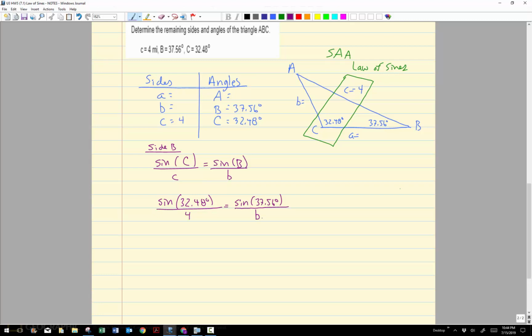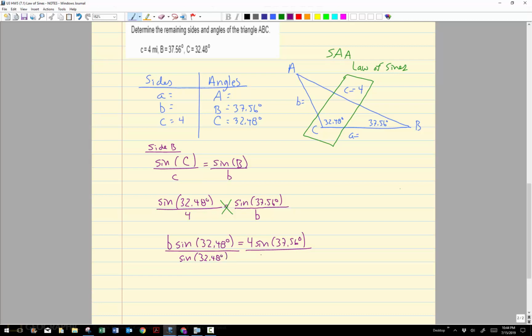Well, the way I'll solve this is I'll cross multiply. So I'll end up with B sine 32.48 degrees equals 4 sine 37.56 degrees. Of course, to solve for B, then I divide both sides through by the sine of 32.48 degrees.